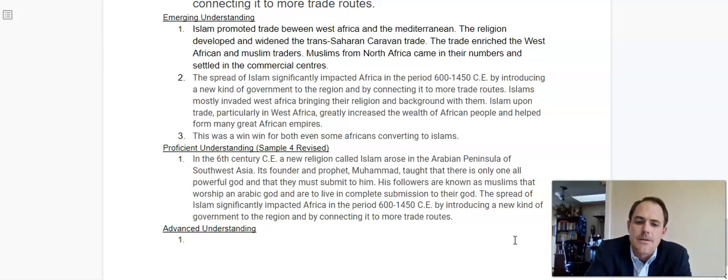Yes, it's great. The spread of Islam significantly impacted Africa in the period 600 to 1450 CE by introducing a new kind of government to the region and by connecting it to more trade routes. It's wonderful, proficient. Now, what would have gotten it to advanced?